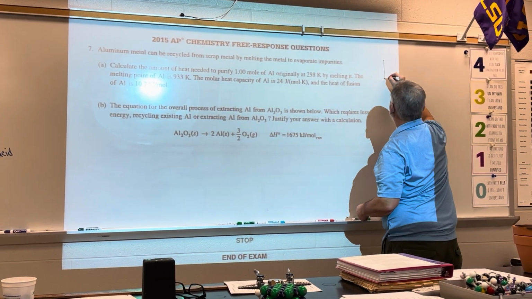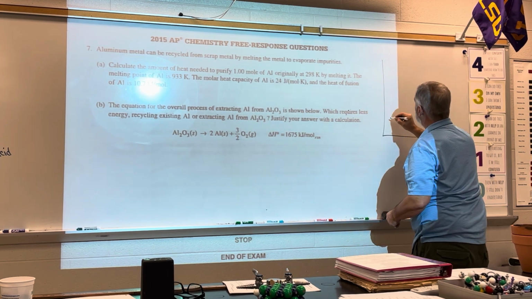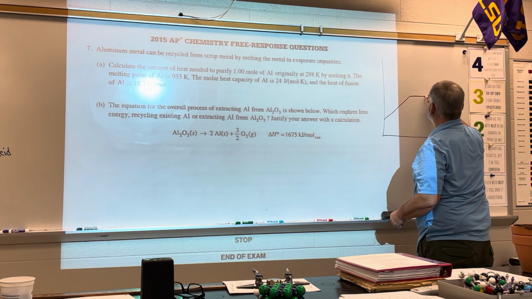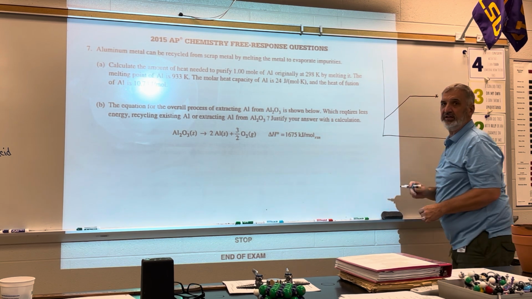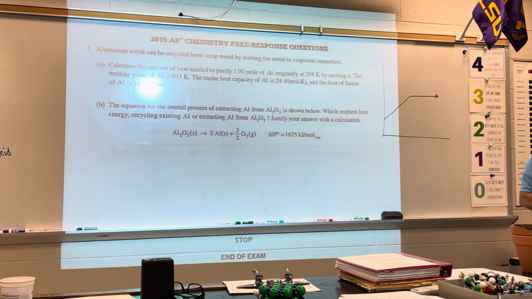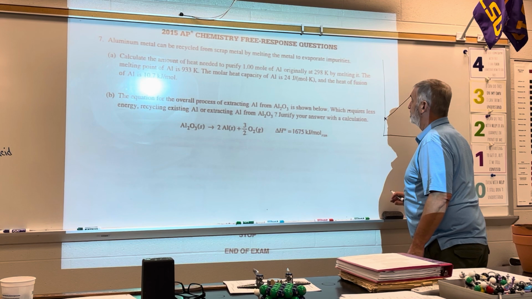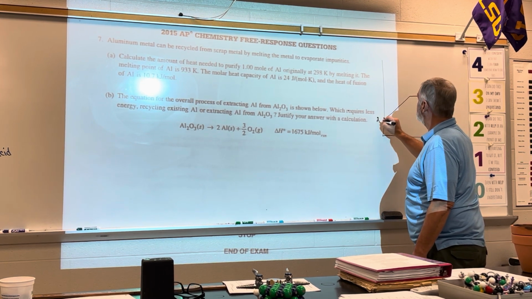So if I'm looking here, we're going to start with aluminum as a solid, and then we're going to melt it. So we've got to go to here. So we're starting here at room temperature, 298.